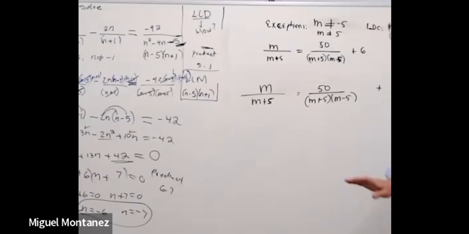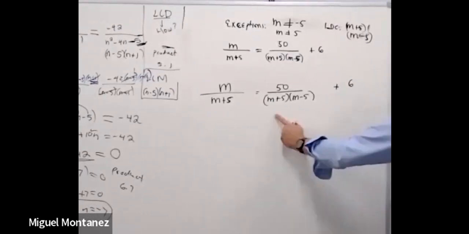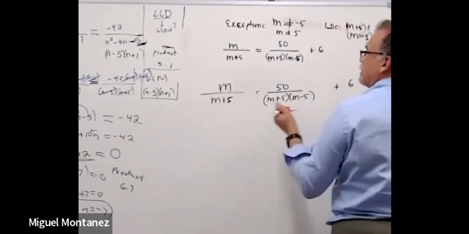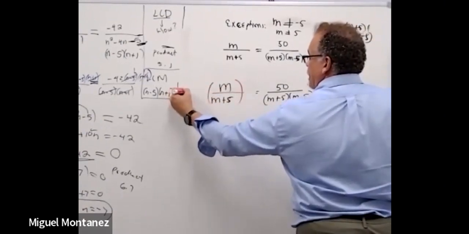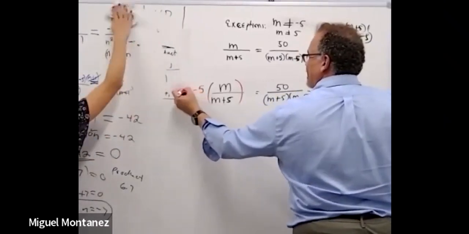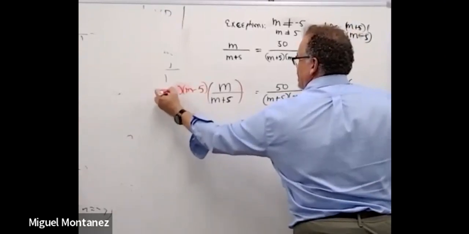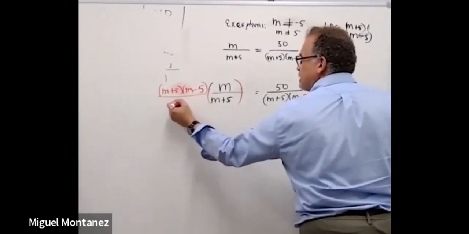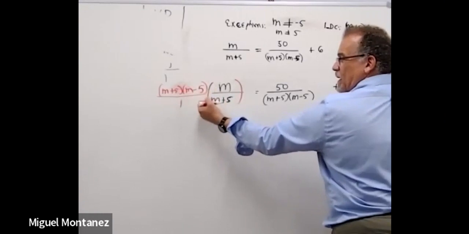So we proceed. We multiply by the LCD on the left and on the right. So I multiply this by m minus 5 times m plus 5. I always tell my students this 6 is over 1, so you don't get tempted to multiply the top and bottom.